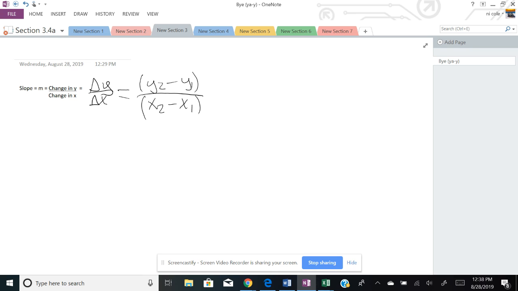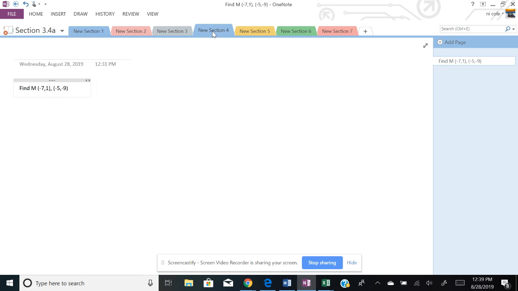You need to make sure that the x1 is with the y1 and the x2 is with the y2. You have to have 2 points in order to find the slope using this equation. So let's do an example.